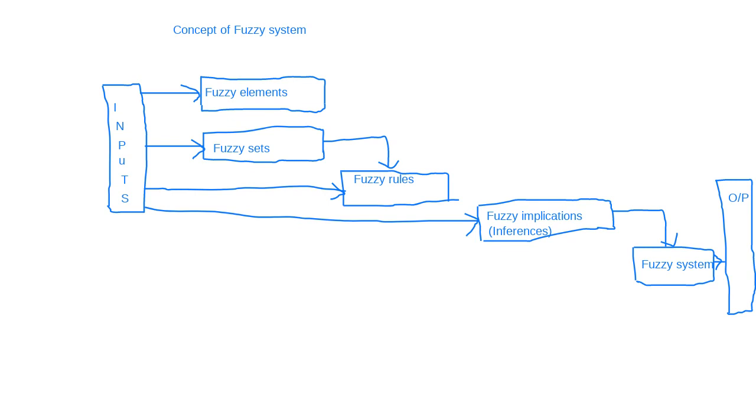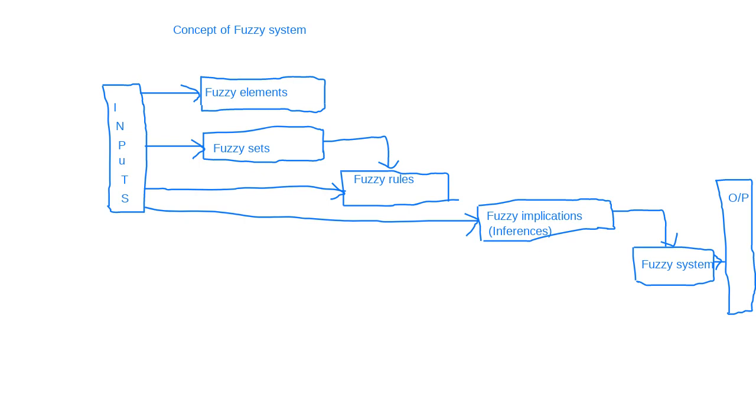However, input can be transformed into some fuzzy form, and then the fuzzy system comes into play. In this type of fuzzy system, there are many constituents, as you can see here. In between input and output, you have fuzzy elements, fuzzy sets, fuzzy rules, fuzzy implications, and fuzzy system.